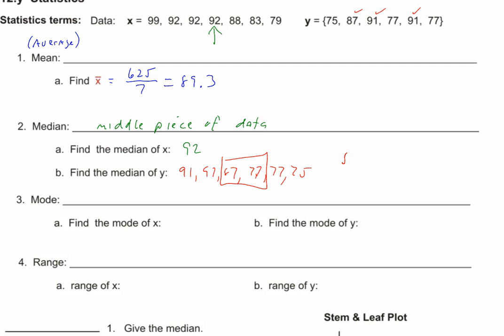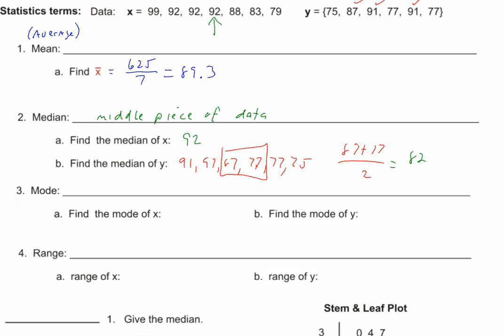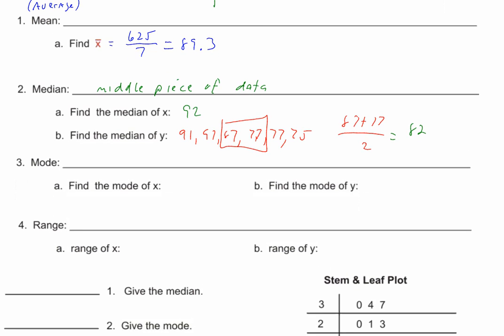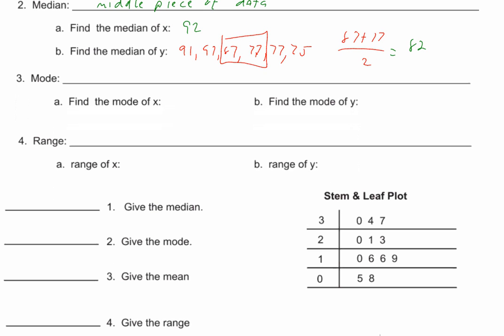So it's 87 plus 77 divided by 2. And everybody knows that that is an 82, right? So be careful if the data is not in order. And remember, if there's an even amount of data, you got to average the two middle ones, right? We all remember that?